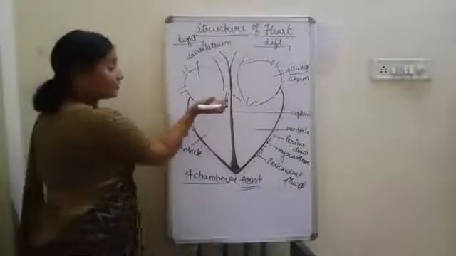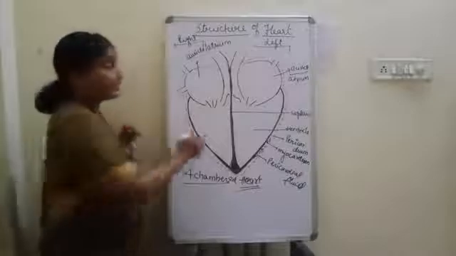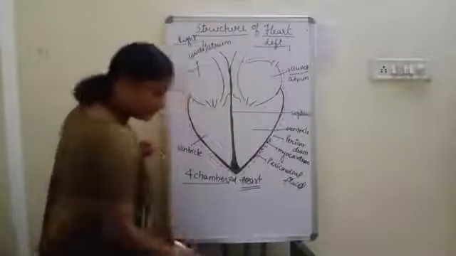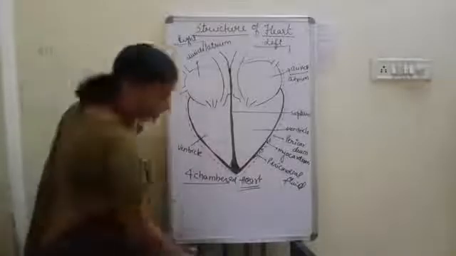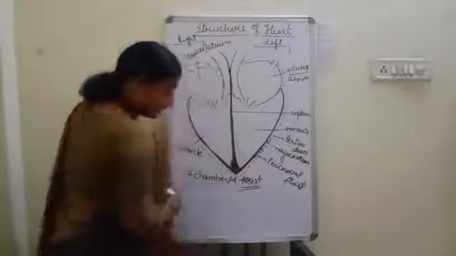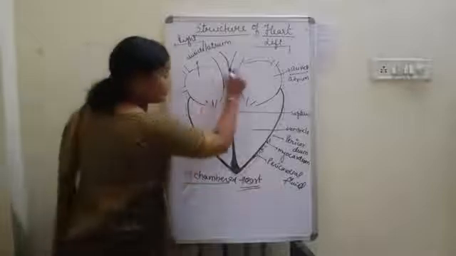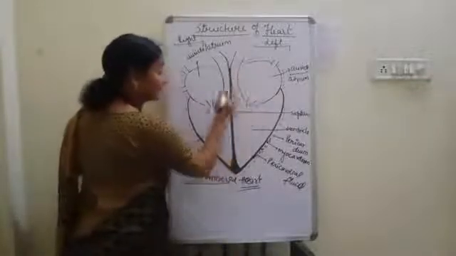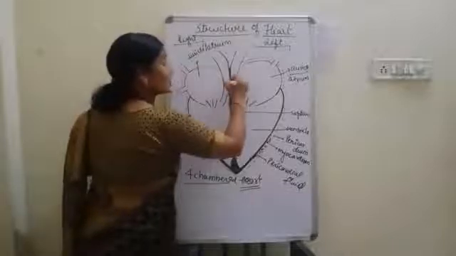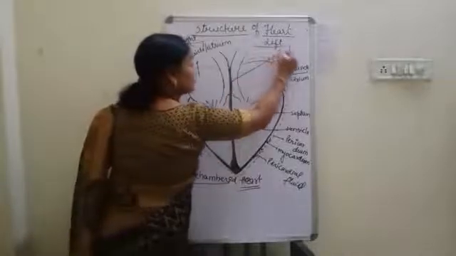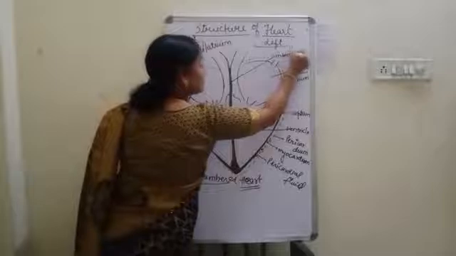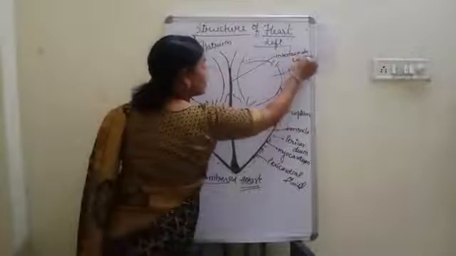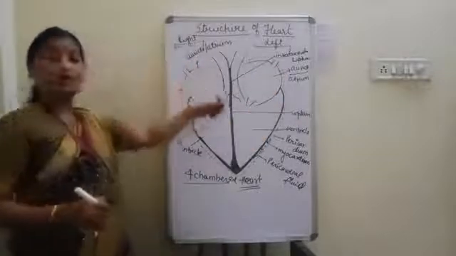Now see children, the septum which divides your auricles is called the interauricular septum, because this is the division of the auricles.